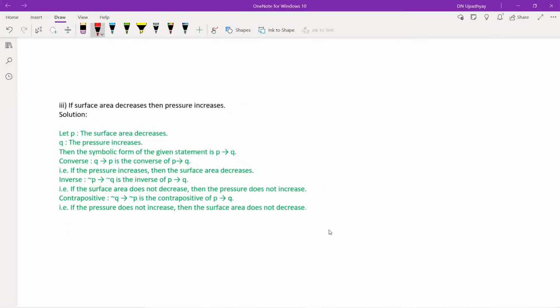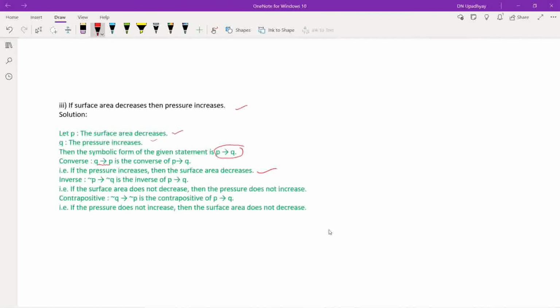Question number 3. If surface area decreases, then pressure increases. So let P be such that surface area decreases, Q such that pressure increases. So what will be the basic statement? P to Q. So converse will be Q to P. So the answer will be, if the pressure increases, then surface area decreases.